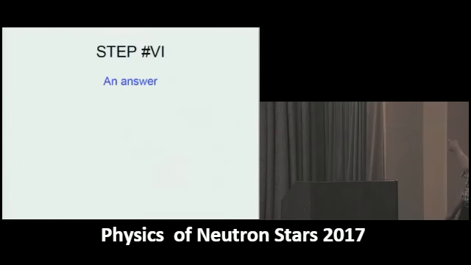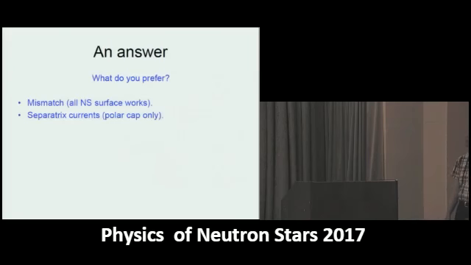Okay, the last step is an answer. You may ask yourself, what do you prefer? The first possibility, mismatch. In this case, the whole neutron star surface can work, the same as we have for magnetodipole radiation.